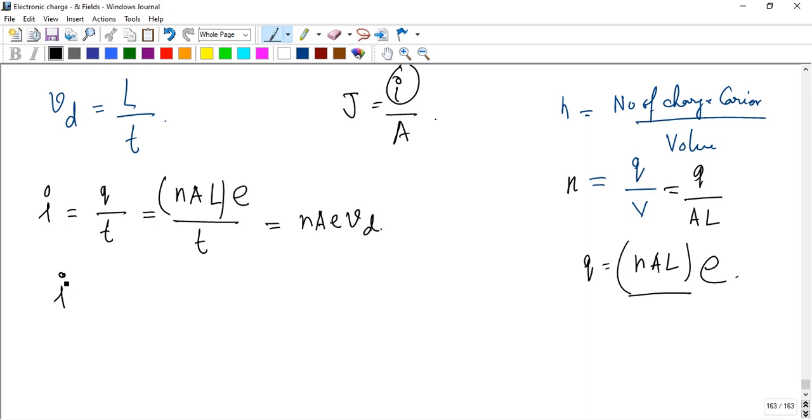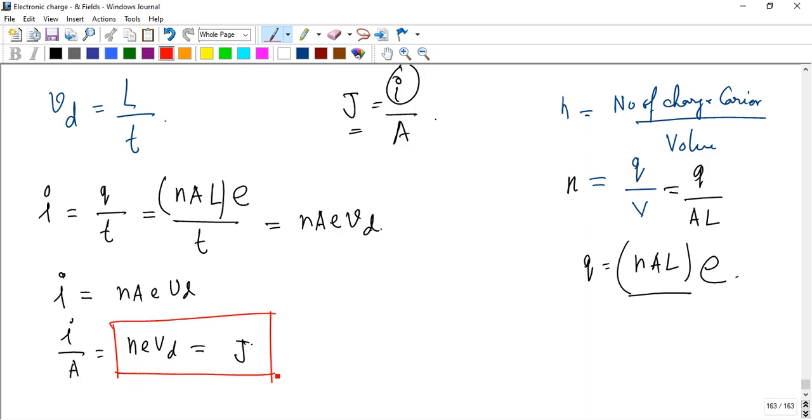So finally, I equals NAE Vd. If we divide by A, I by A gives NEVd, and I by A equals J, the current density. So we get another expression: J equals NEVd, with the number of charge carriers, elementary charge and drift speed.